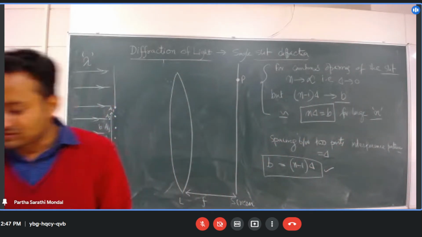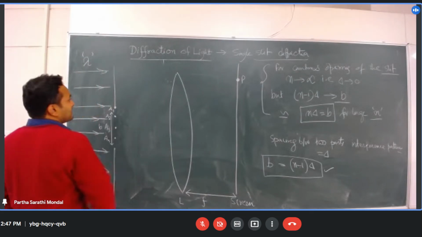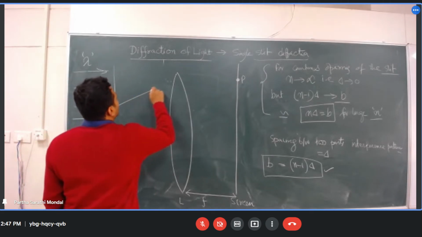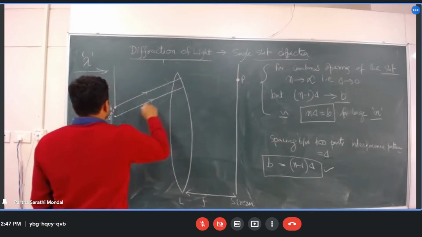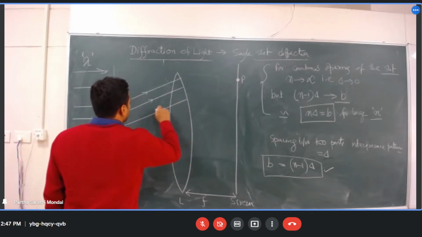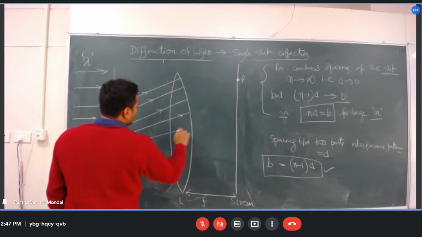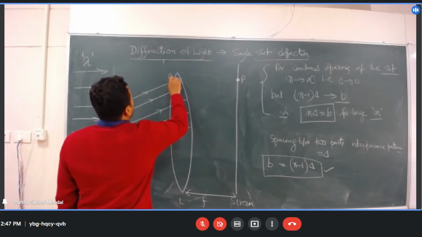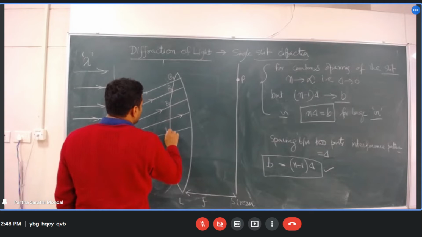Okay, so now what we will do, let's say light is coming out from here. Let's say the light here is v1, v2, v3, dot dot dot, let's say it is vn.